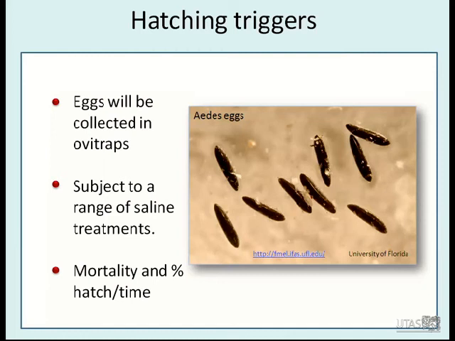These eggs will then be subject to different saline treatments and rainwater treatments to look at which natural environmental trigger is the best for hatching these eggs, so that they can complement the environmental model and the tidal predictions of each salt marsh. And I'll be looking at mortality rates and hatching time rates for the eggs.